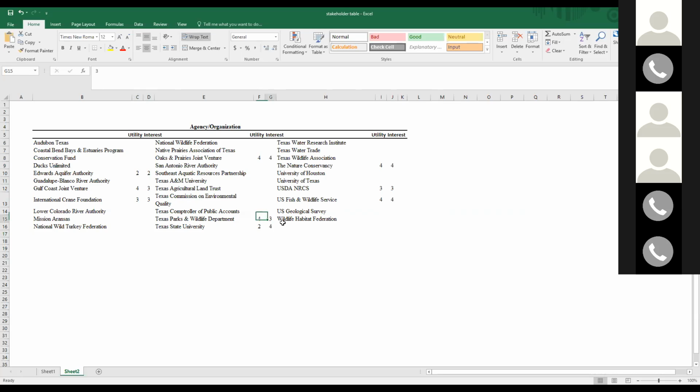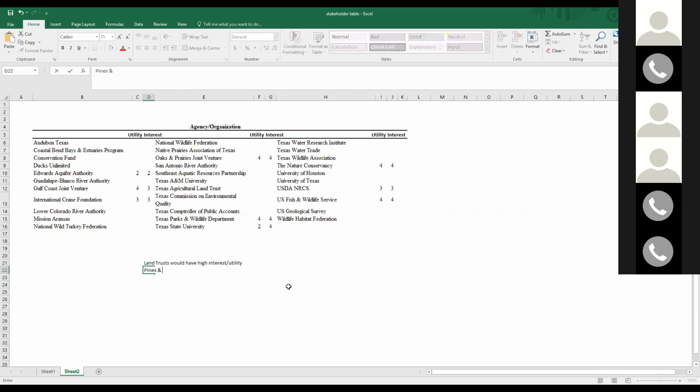I would say the land trust community would have a high ranking for utility. There aren't many listed here, but there are some that you would add. I don't know if they're still active, but the Pines and Prairies Land Trust was active on the Lower Colorado.